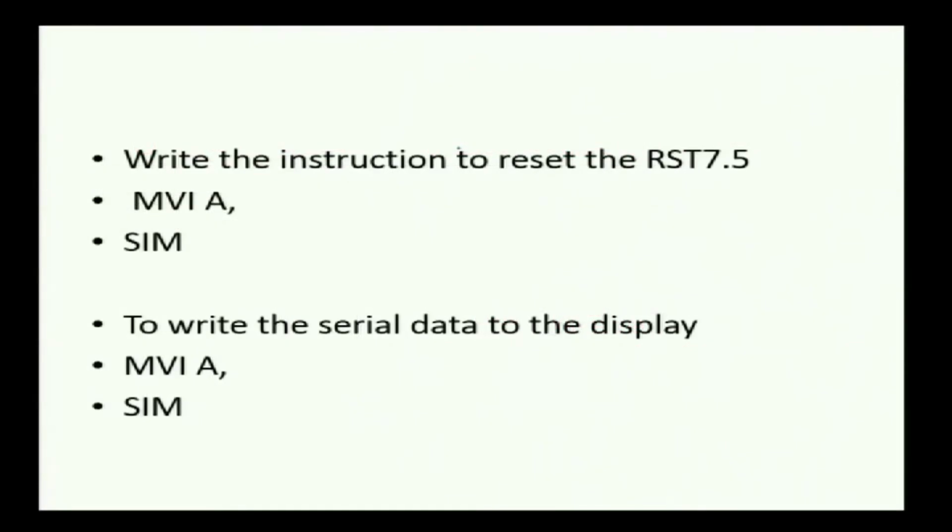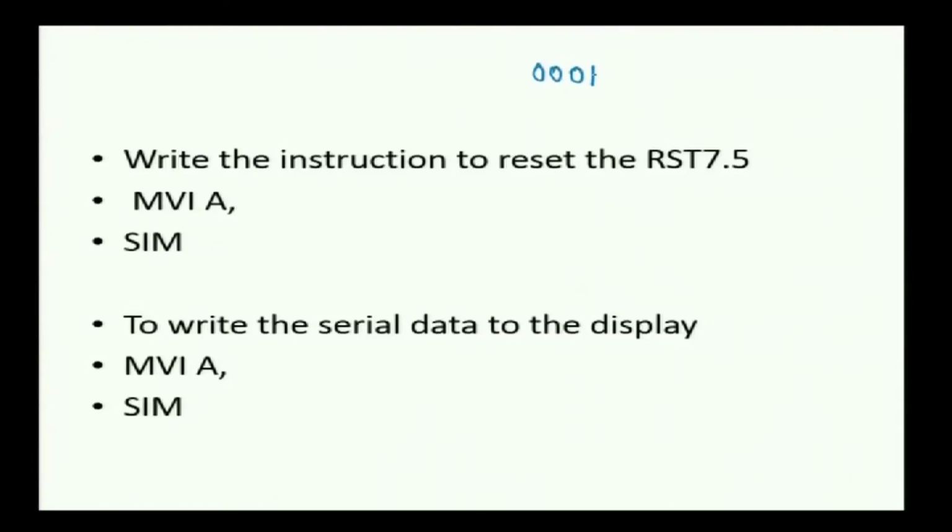Now, a small exercise: write the instruction to reset the RST 7.5. Suppose you want to reset the RST 7.5, what do you have to do? The same instruction format from the previous discussion, 0100. Now we have to write a 1 in the position for RST 7.5. The serial communication value is 0, this is a don't care condition.